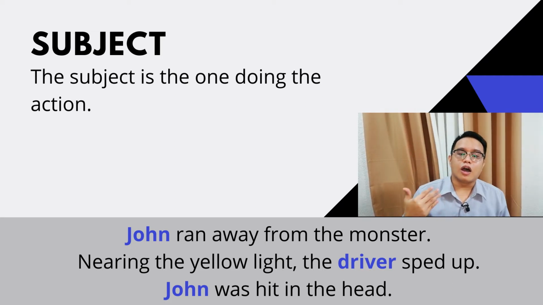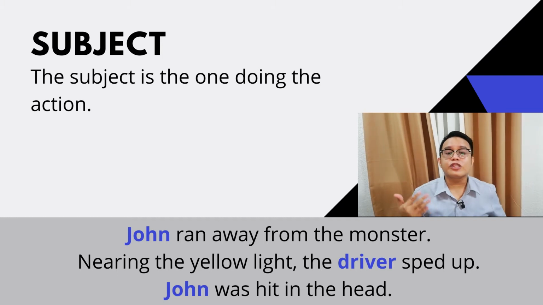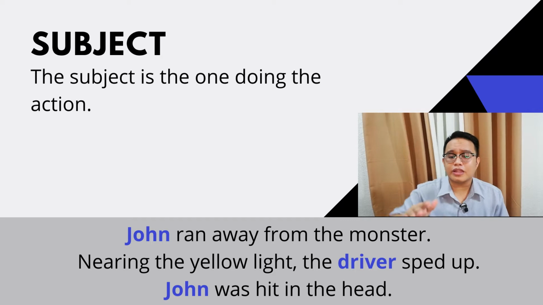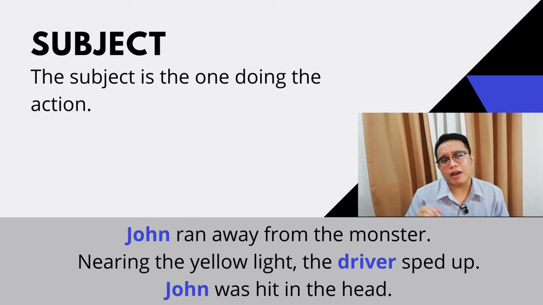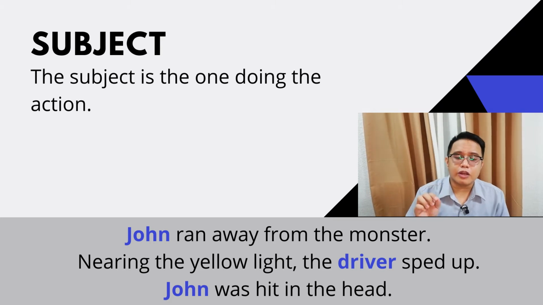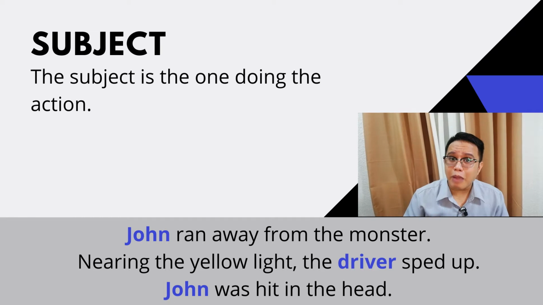So, who is speeding up? The driver, di ba? But this one, John was hit in the head. Nouns can also be the subject, the doer of the action, or the one being talked about in the sentence.